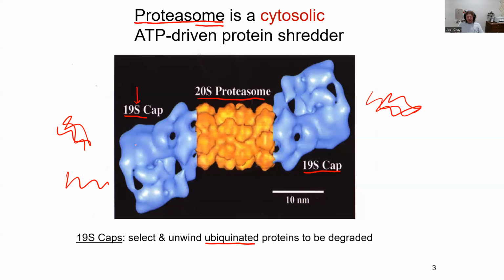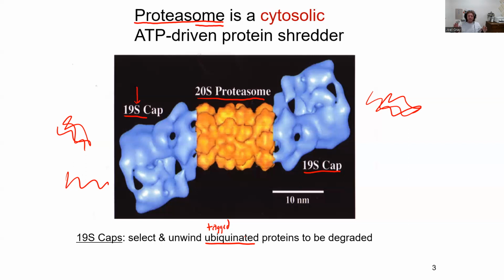Now, this ubiquitinated, we're going to talk about that in just a little while, but another way that you could think about that is the 19S cap selects and unwinds tagged proteins. These tags are ubiquitin subunits that have been added to a protein, almost targeting it for degradation.